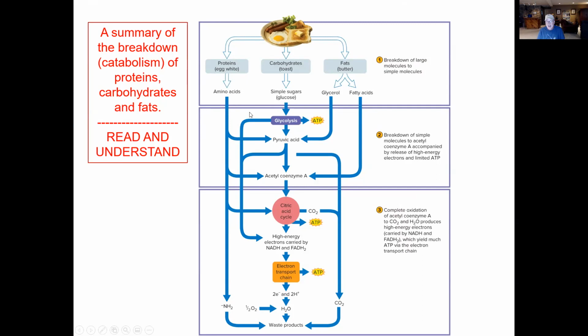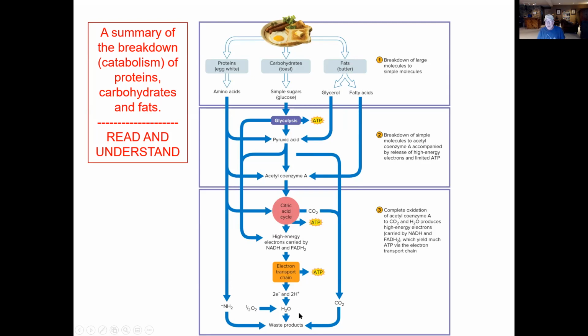In other words, amino acids can go into the formation of glucose or into pyruvic acid, which in turn can feed into citric acid. Or acetyl coenzyme A, you might remember, is one of those intermediary molecules made just before citric acid. And the same can be applied for glycerol. When fats are broken down, glycerol can be converted into pyruvic acid. Fatty acids can be converted into acetyl coenzyme A, both of which again feed into the citric acid cycle and electron transport.